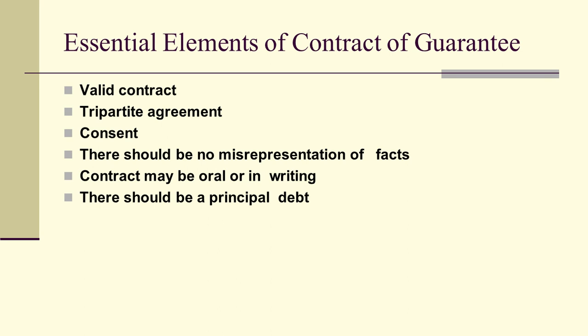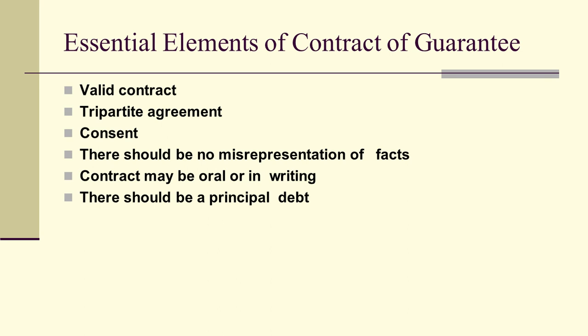So in a guarantee contract, all the essential elements of a general contract also apply to the contract of guarantee. But there are some extra elements available for the contract of guarantee.